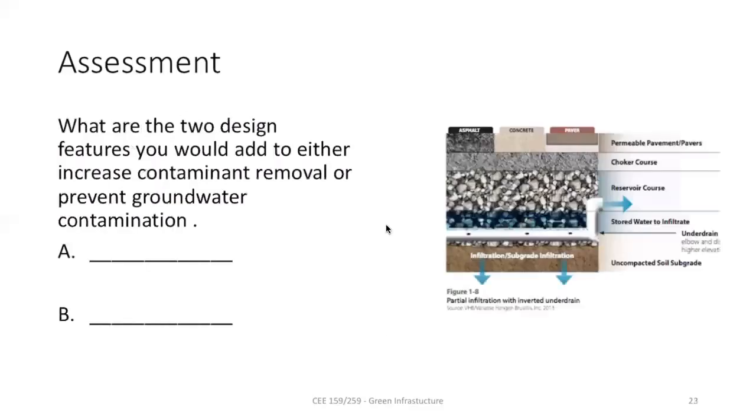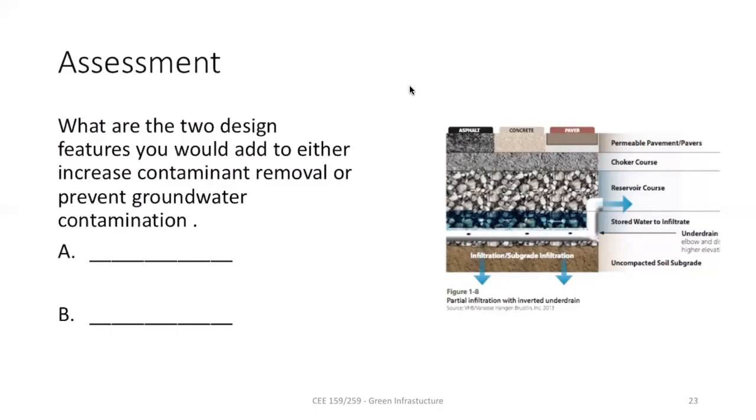Next question. I'm going to read once again. What are the two design features you would add to either increase contaminant removal or prevent groundwater contamination? There are a couple of things you could do. Let's pick one at least now.